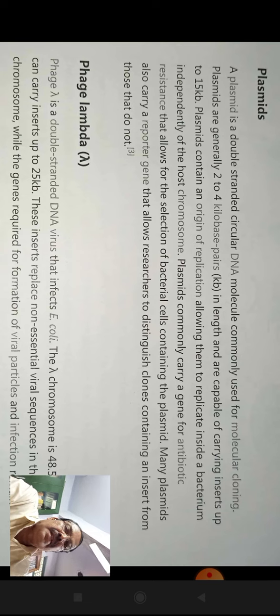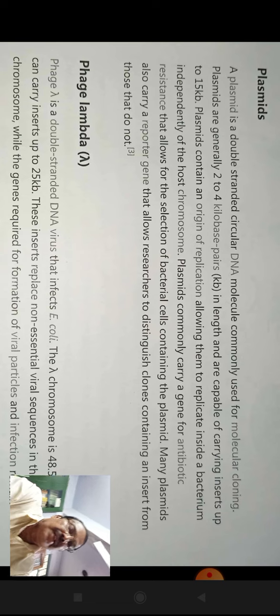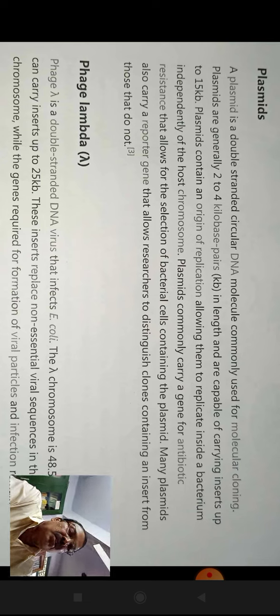A plasmid is a double-stranded circular DNA molecule commonly used for molecular cloning. So, a plasmid can be defined as a double-stranded circular DNA molecule commonly used for molecular cloning.